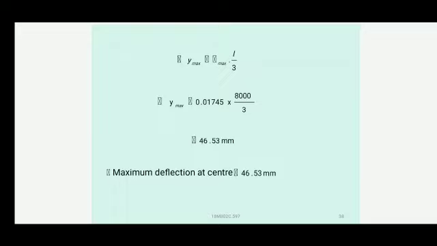Therefore y maximum is equal to theta maximum into L by 3. That is y maximum is equal to 0.01745 into 8000 by 3, that is 46.53 mm. The maximum deflection at center is 46.53 mm.